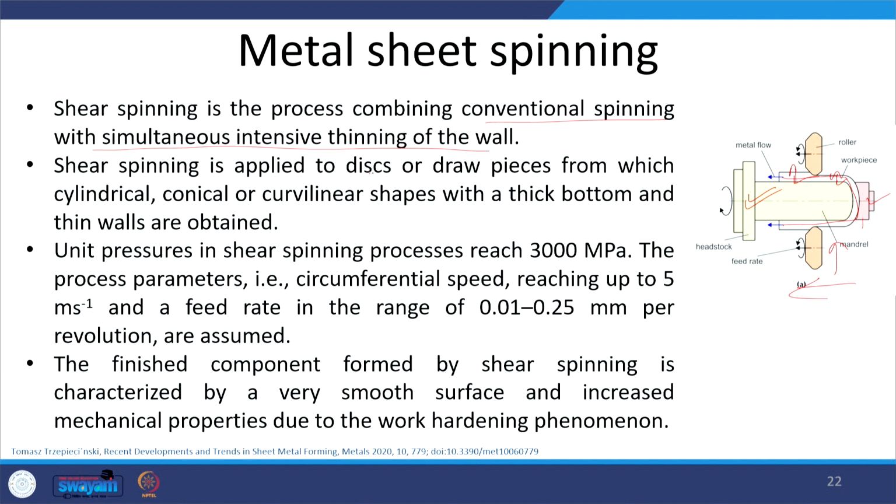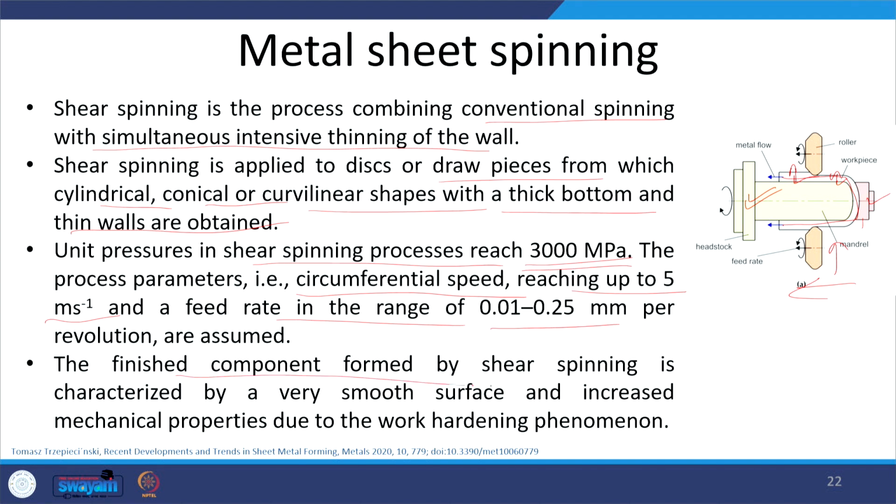So, shear spinning is applied to the disc or drawn form, from which cylindrical, conical or curvilinear shapes with a thick bottom and thin walls are obtained. Unit pressure in shear spinning is very high, to the tune of 3000 MPa, and the process parameters of shear spinning include a circumferential speed reaching up to 5 meters per second, and a feed rate in the range of 0.01 to 0.25 mm per revolution.